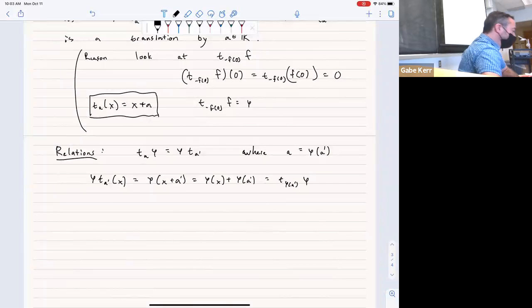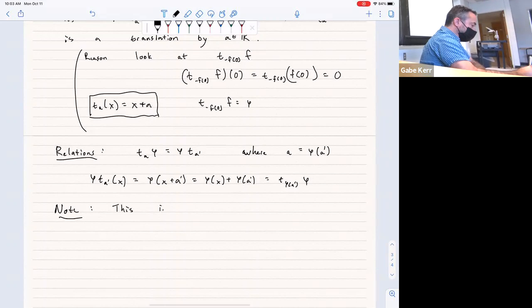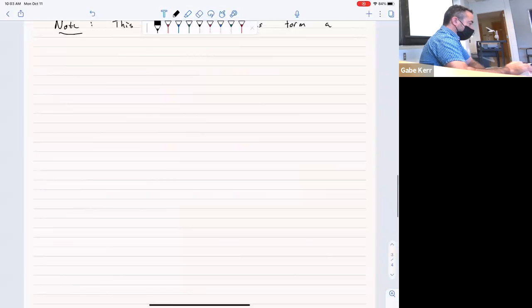Another point about this is that, note, translations form a normal subgroup.